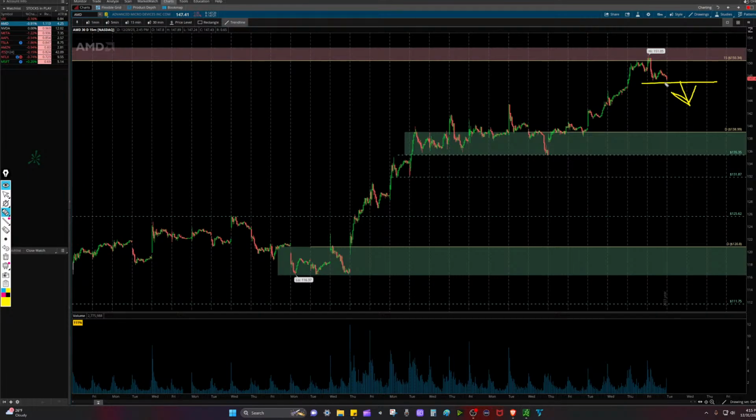Other than that, if it does not open below this, if it hovers around this area, this is a low probability area.